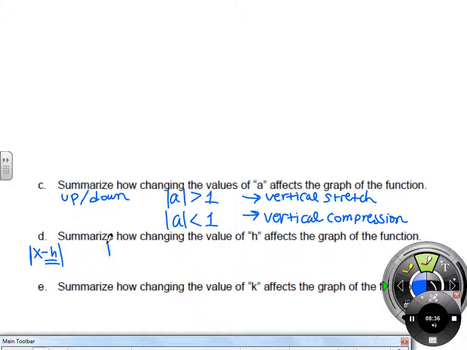So when H was bigger than 0, but remember it's a little tricky to figure out if H is bigger than 0 or not because of the minus sign right there. But when H was bigger than 0, we were translated to the right, like a positive number would go to the right. And when H was less than 0, so if it was a negative value, we were translated to the left.